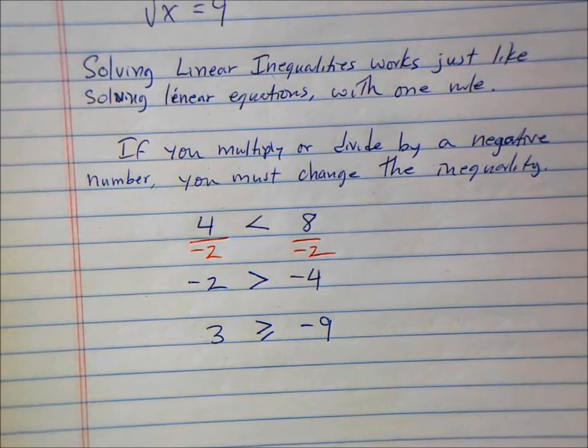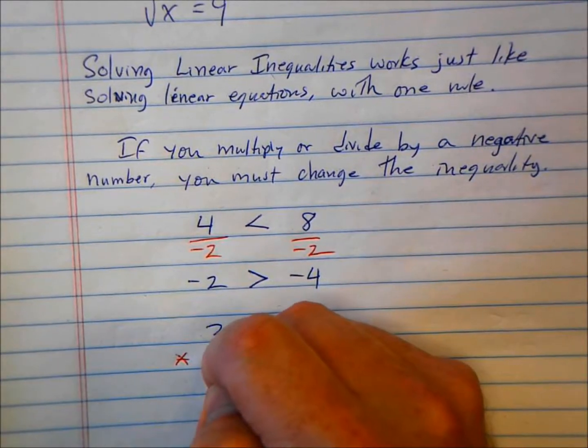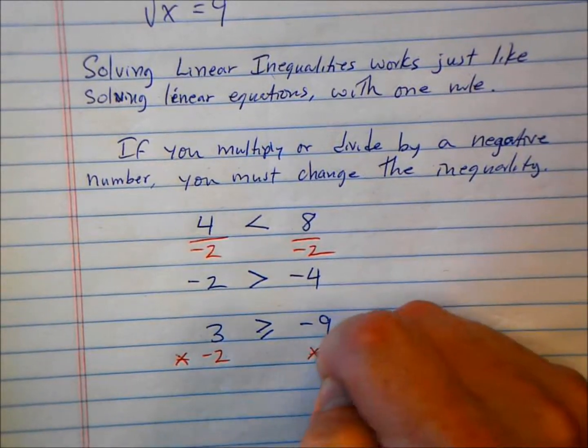Is that still true? Is 3 greater than or equal to negative 9? Yeah, that's true. 3 is greater than negative 9, right? This time, just to be different, I'm going to multiply by a negative number. So let's keep it fairly simple. How about we multiply both sides by negative 2?